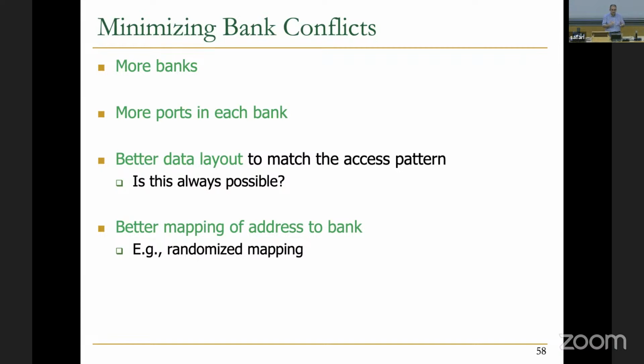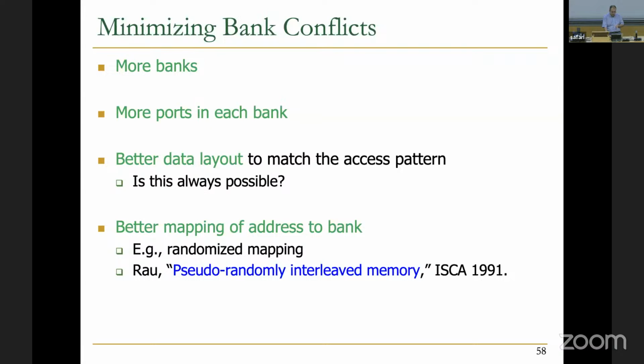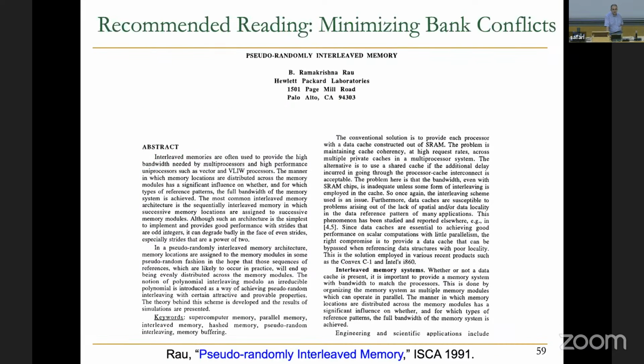Essentially, we have some randomized mapping such that we can reduce bank conflicts. I'm not going to cover it. If you are interested, you can read this beautiful paper from ISCA in 1991, pseudo-randomly interleaved memory. And this is the paper.